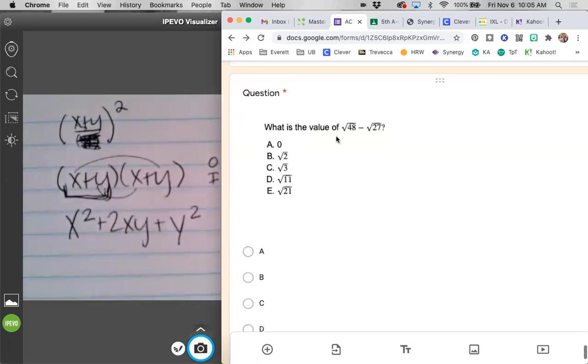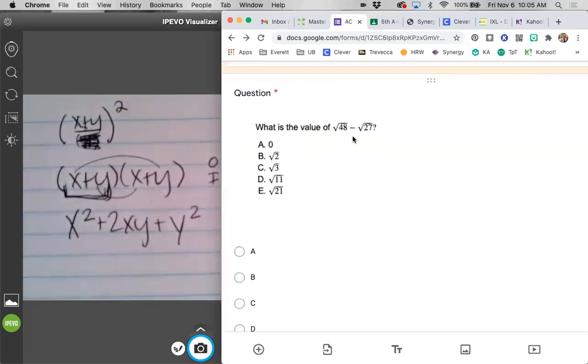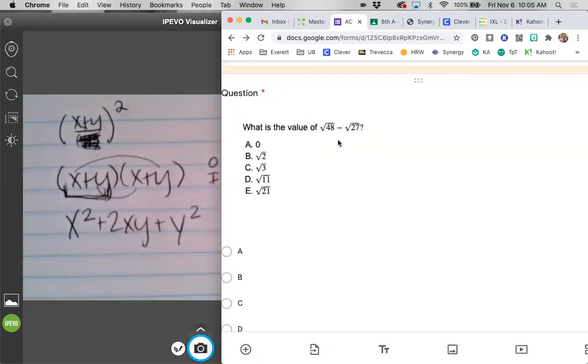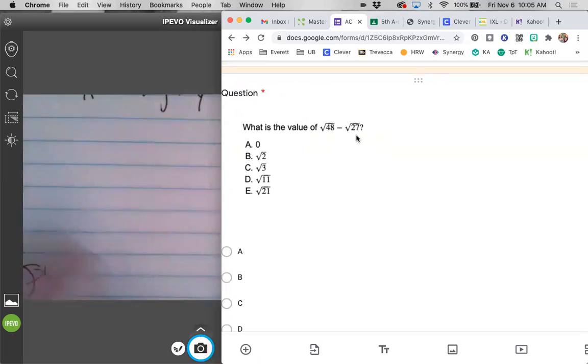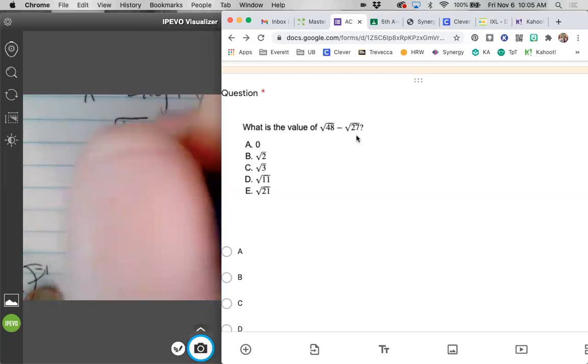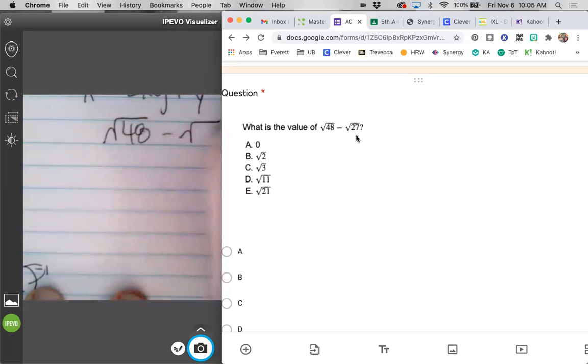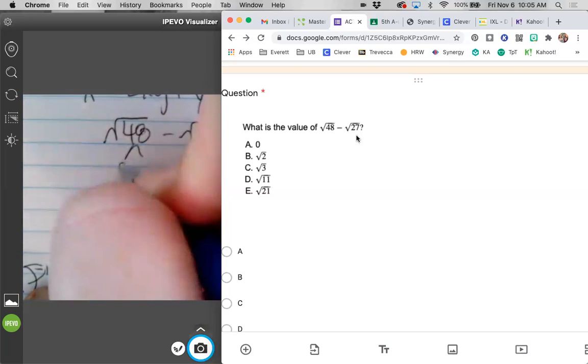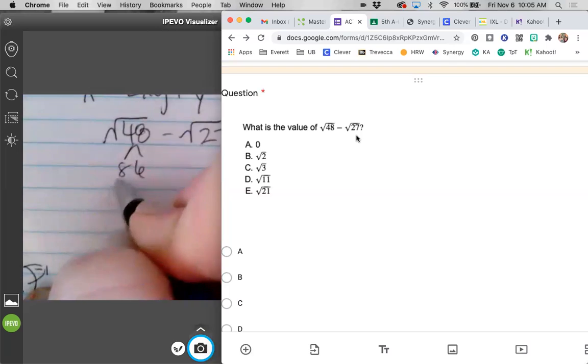Okay, this one is probably quickest in your calculator unless you're really good at factoring. 48 and 27 need to be factored and simplified in order to do it by hand. So 48, 27, 8 times 6 is 48.